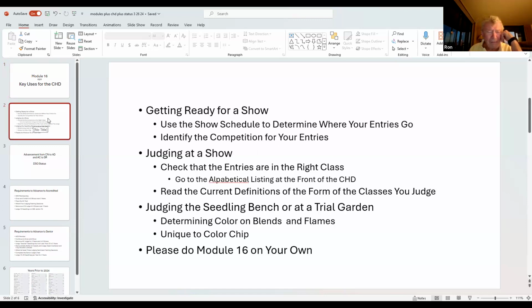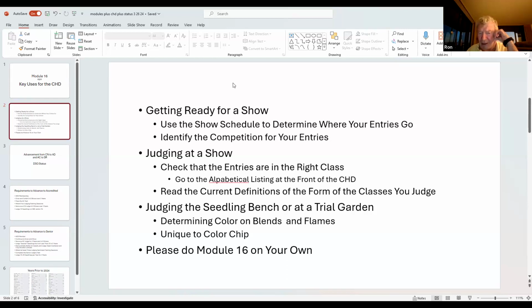Here's how I think the CHD is useful in getting ready for a show before you go to a show. You want to use the show schedule to determine where your entries go, and you can basically only do that when you have that classification handbook in your hand, because that will let you translate the form into where they go in the schedule.